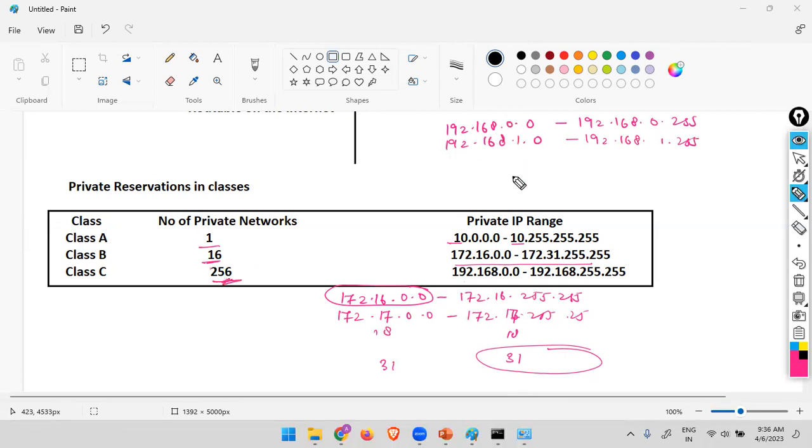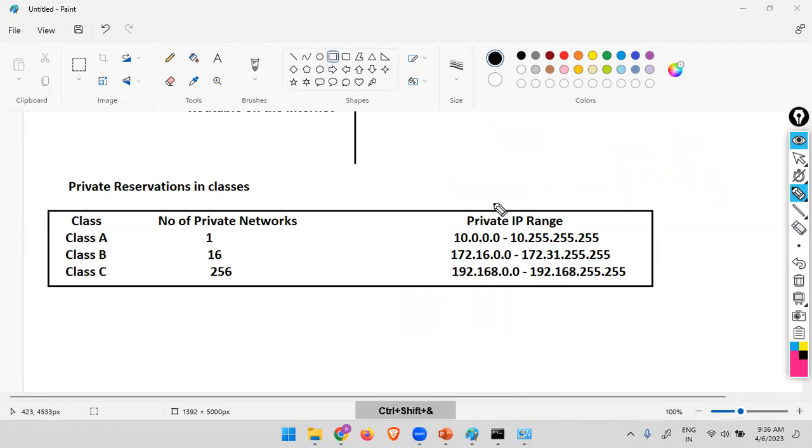So like this, I will keep on writing till 192.168.255.0 to 192.168.255.255. Correct? So instead of writing these many ranges, I have written just the first IP and the last IP. Is that clear? Okay.